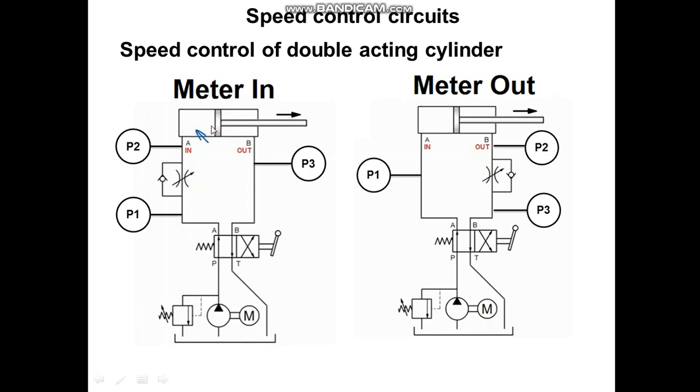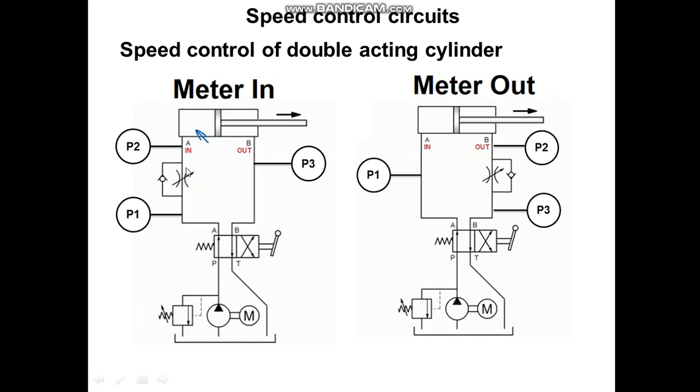Now in this meter in circuit, speed control is achieved by changing the flow adjustment of this flow control valve, which controls the liquid going inside the cylinder. It should be noted that the flow control in this circuit is achieved in the forward direction only. That means for extension only we can achieve speed control.